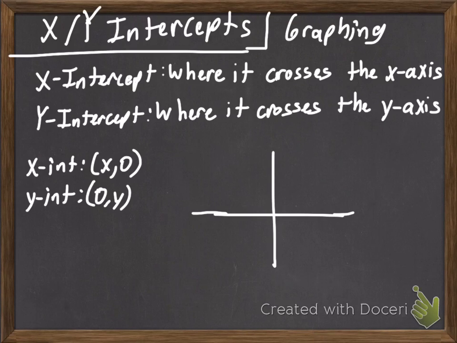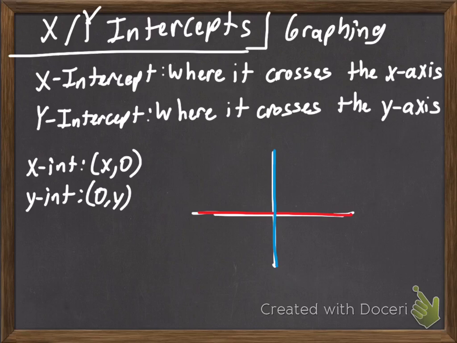So let's talk about graphing. Whenever we graph in standard form, we find what's called the x and y intercepts. Now, an x-intercept is where it crosses the x-axis, meaning our line on our graph. The y-intercept is where that graph crosses the y-axis. So, on a graph, we have our x-axis, and then we have our y-axis.